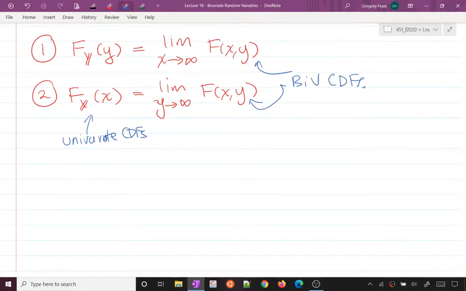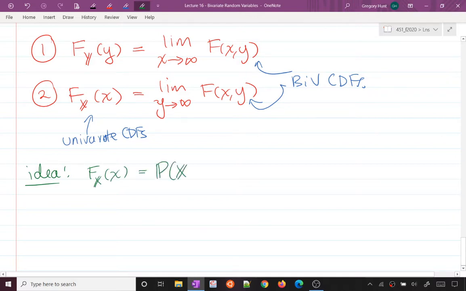And we can make the kind of argument, I won't call it a full proof, so let's just say idea, not really a formal proof. The idea is that if I want the marginal CDF of x, it is the probability that x is less than or equal to little x, which we could write as the probability that x is less than or equal to little x and y is anything.